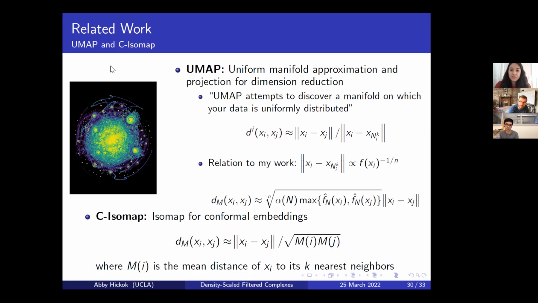And this kth nearest neighbor distance is asymptotically proportional to the inverse of the nth root of the density. So it is very similar to the distance estimation we're doing here, where we're modifying by the nth root of the density. So all of these things, while coming from different places, come from the same philosophy: it's better when your data is uniform, things work better.